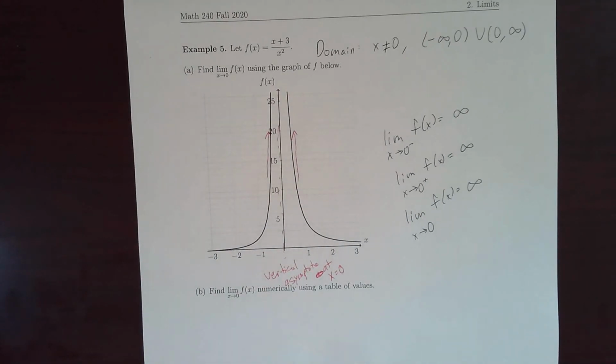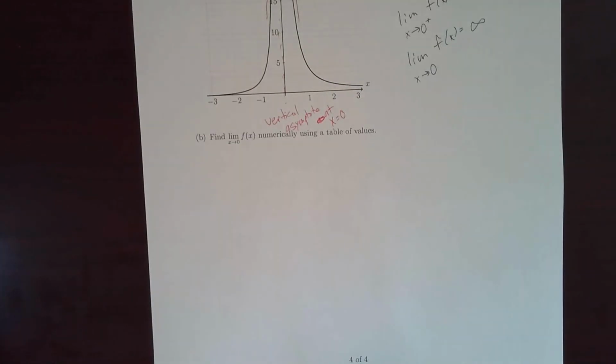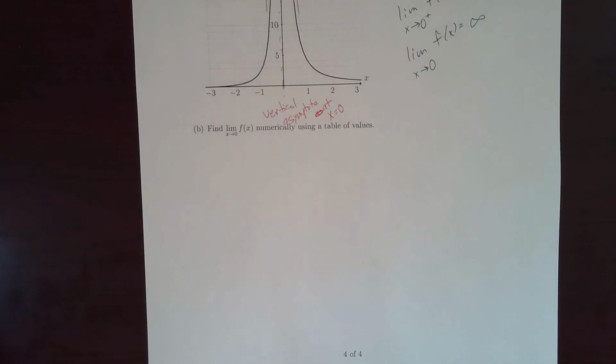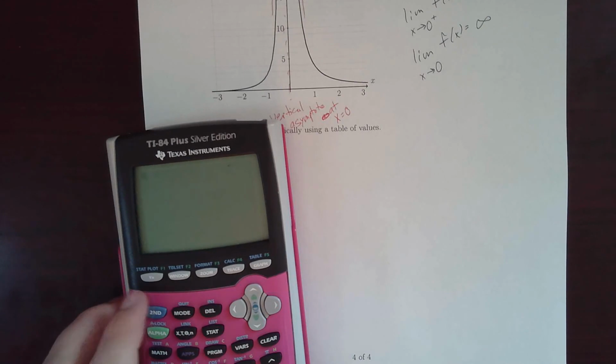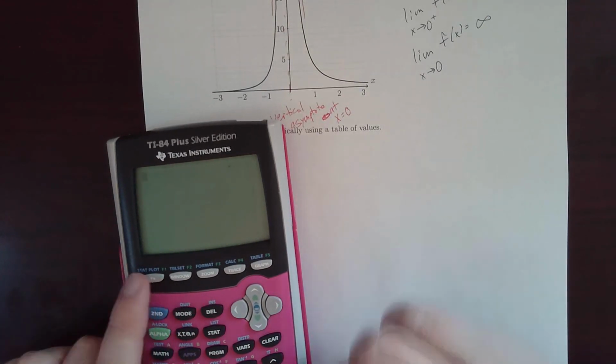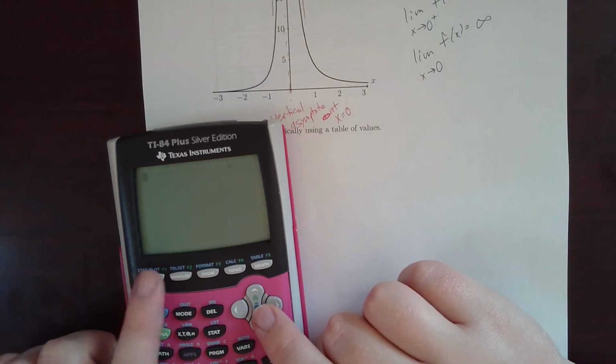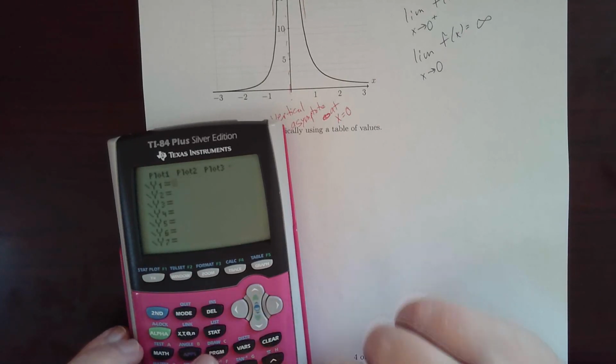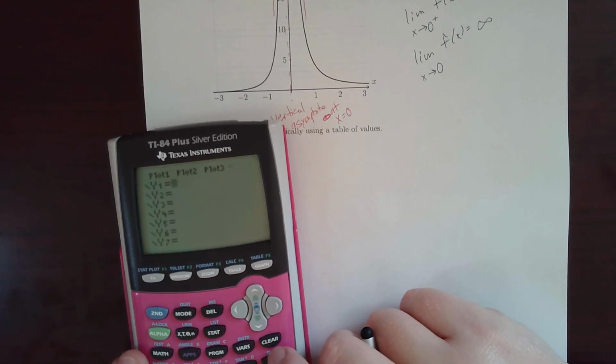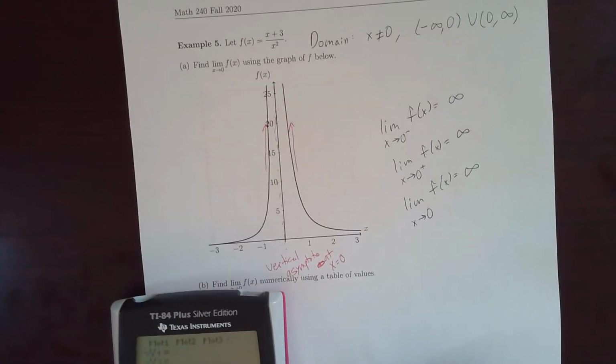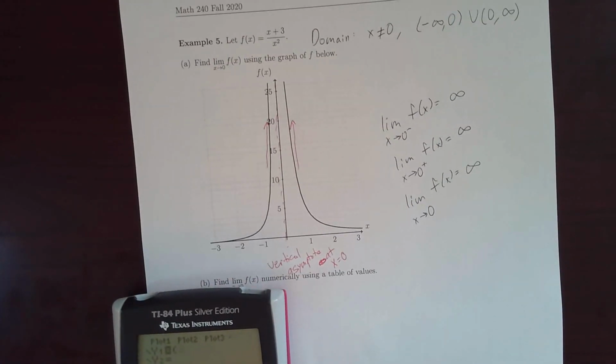So say we wanted to take this and try to find that limit numerically. Well, what we can do is plug in those different values that are close to 0. And so again, this time I'm actually going to review the idea of looking at it through the calculator. So say we wanted to define our function. So here we say that our function f of x is x plus 3 divided by x squared.